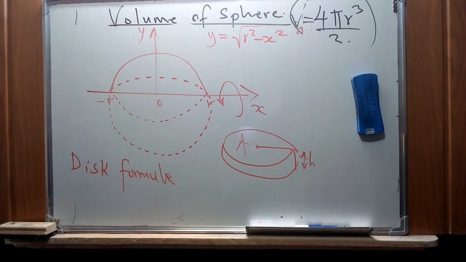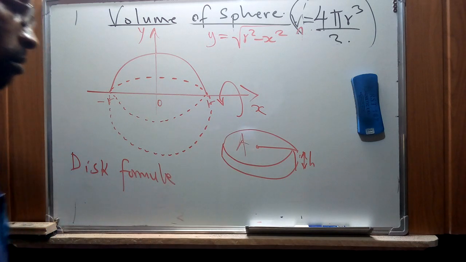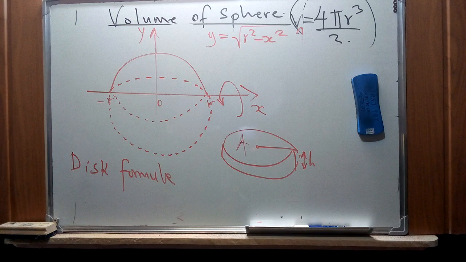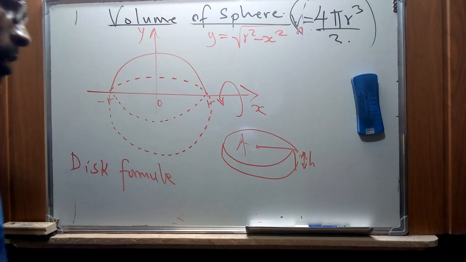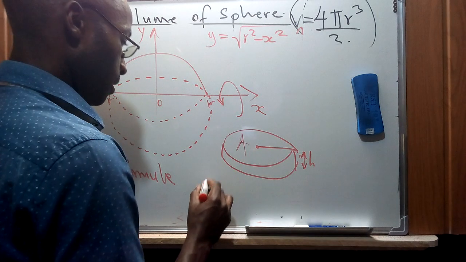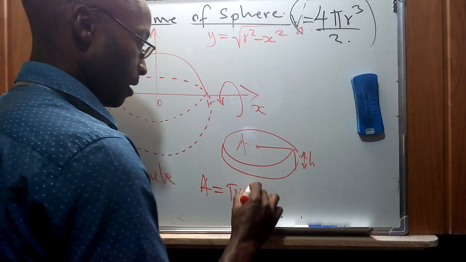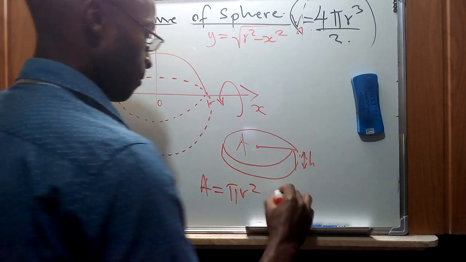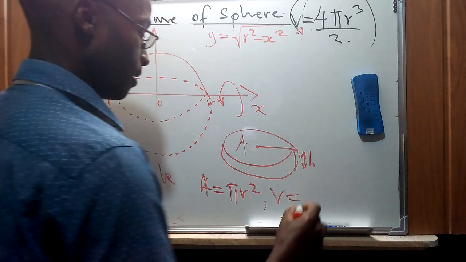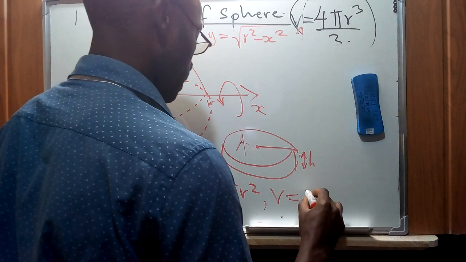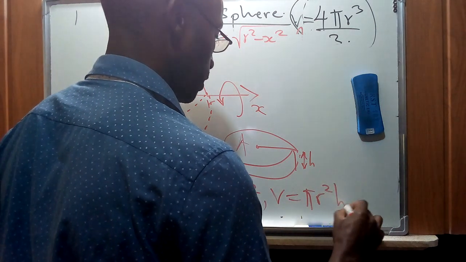Now, from part 1 of our explanation, we looked at the area of a circle, especially a great circle of a sphere, and we said this area is given as pi r squared. So the volume for this kind of disk can be given as pi r squared h.